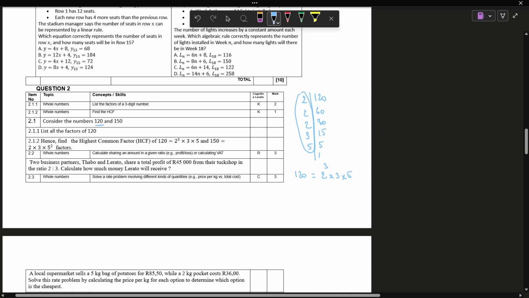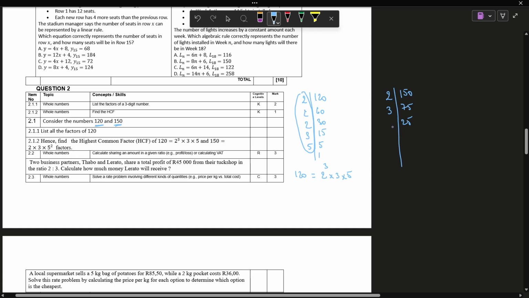So this was 120. Let's prime factorize the other number, which is 150. Let me just give myself some space. By 2, 75. By 2 is not going to work anymore. So by 3, 25.